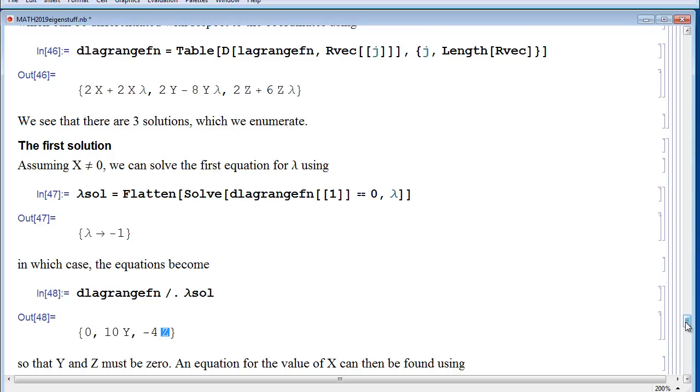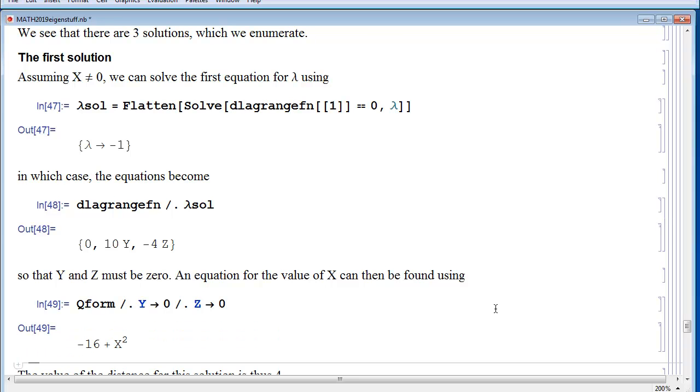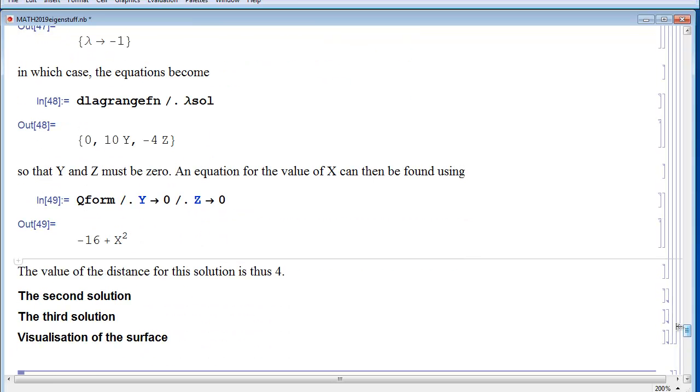So an equation for x can be found using setting those things in the quadratic form, and we can see that the solution to that is x squared equals 16, so x is plus or minus 4, and the answer is probably +4.